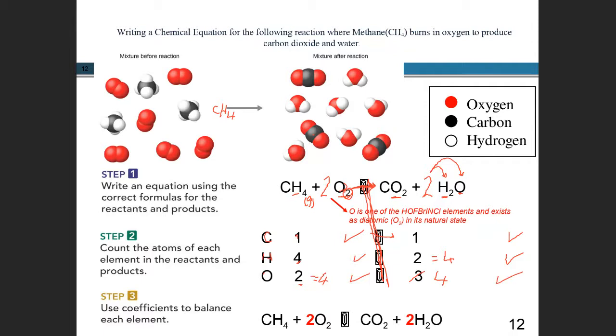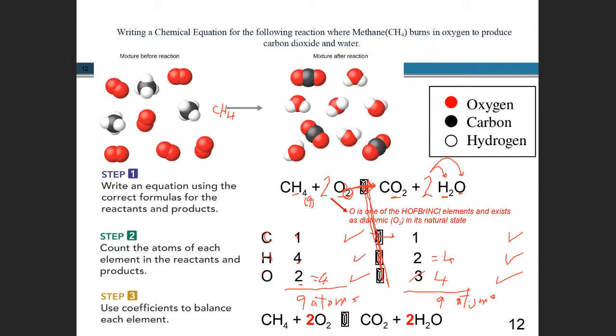Let's count the total number of atoms to check if it is correct. 1 and 8, so that will be 9 atoms, and 9 atoms on the other side. That confirms that this is a balanced equation.